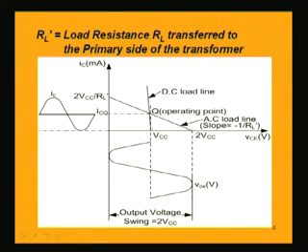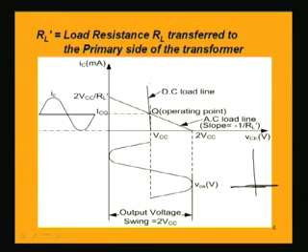So, the DC load line, if we draw it, is almost a vertical line, because the current is reaching around an infinite value and the collector to emitter voltage under DC is VCC. Joining the two points, we get a vertical line, and of course, there is a very small resistance in the primary winding. So, considering that, it will not be exactly vertical, but it will have a very small slope. So, this is the DC load line.